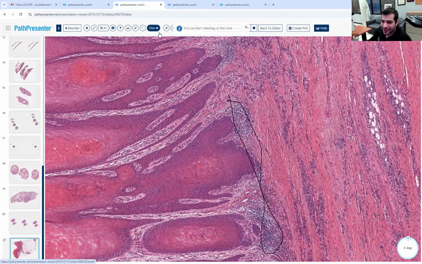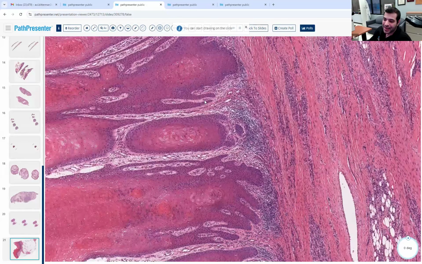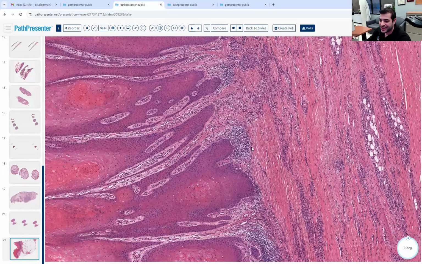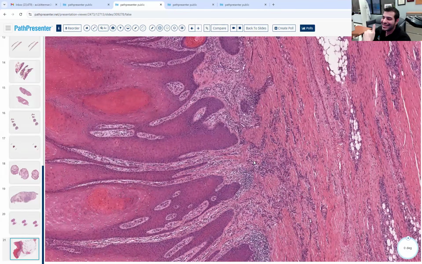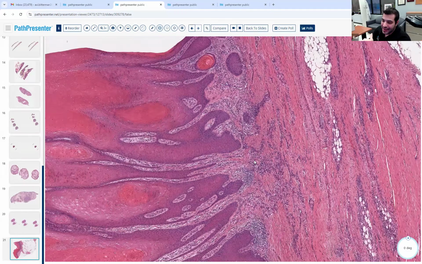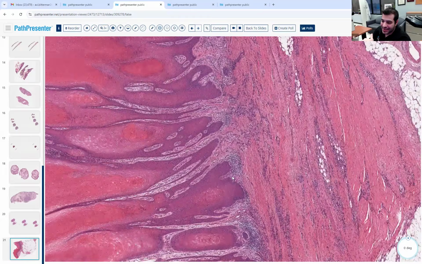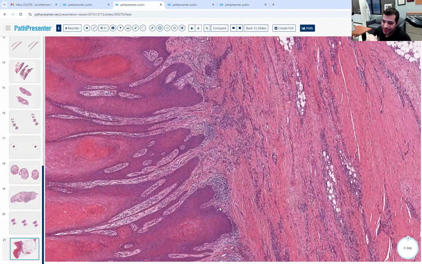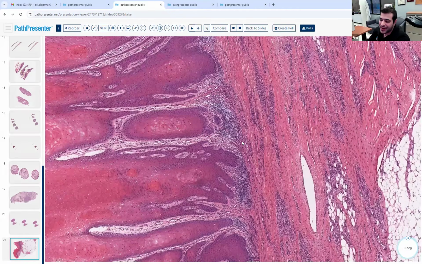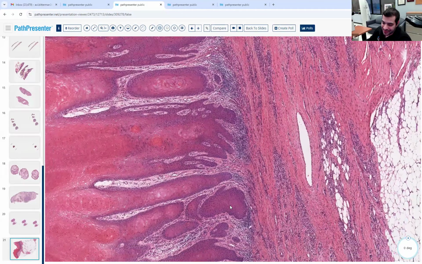Some people have described that at the border between your pushing border and your dermis, you can see an inflammatory, slightly edematous area. This area is slightly more edematous than the more fibrotic area, and there's a lot more inflammation there. That's another finding that's been described in verrucous carcinoma.